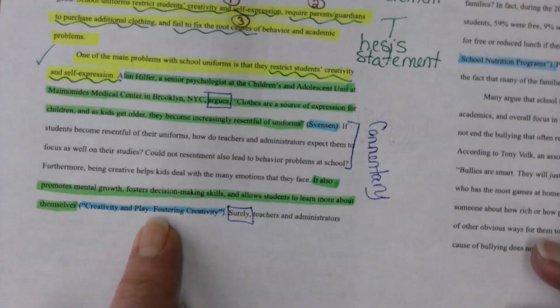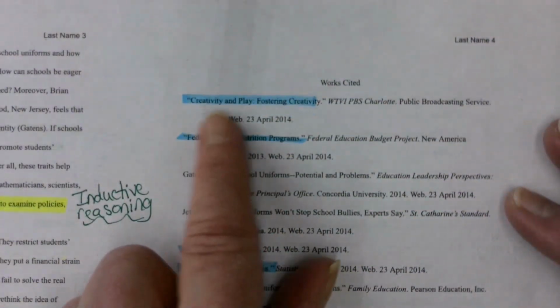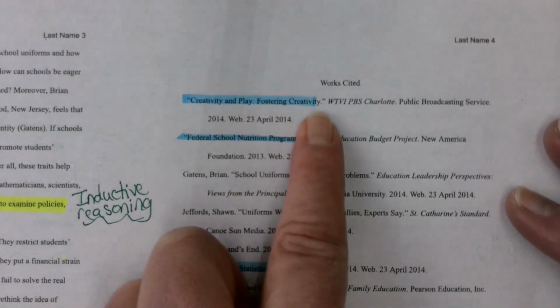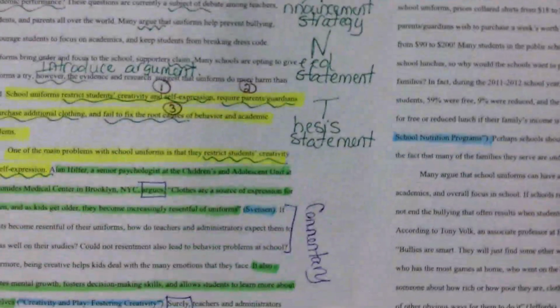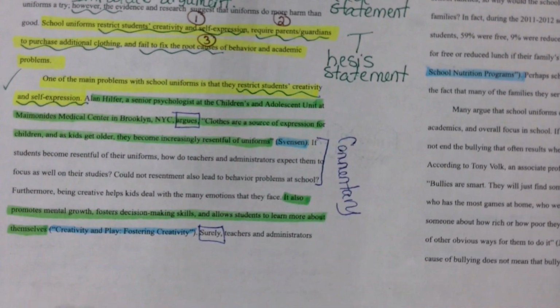You got them from someplace else. So again, if I flip over to the back, look, creativity and play fostering creativity. So it matches. This is what I'll do as I score your research papers.